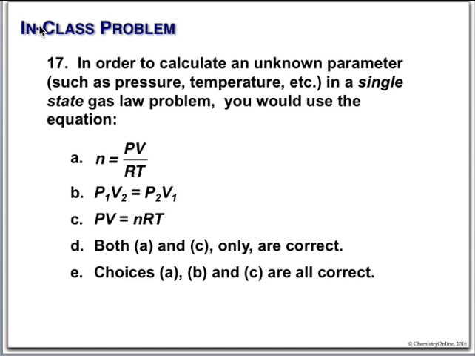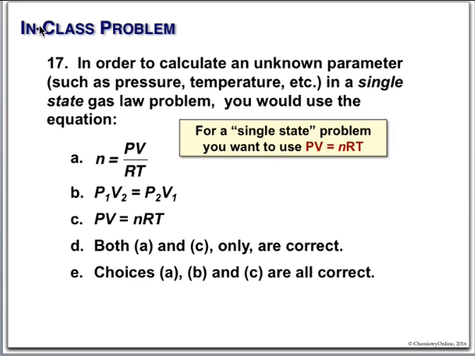If we're just trying to solve for one unknown parameter, that makes it a single state. Remember, we had two universal gas law equations. One was for a single state, the other was for two states, where you change everything. In a single state, we use PV equals nRT.